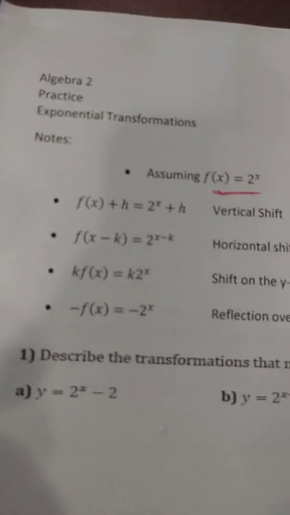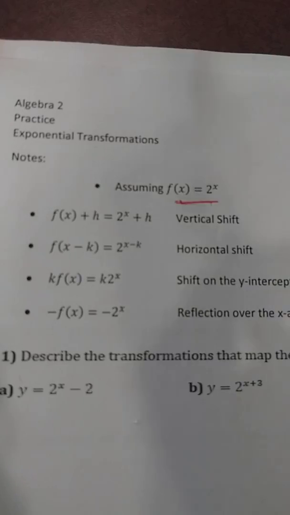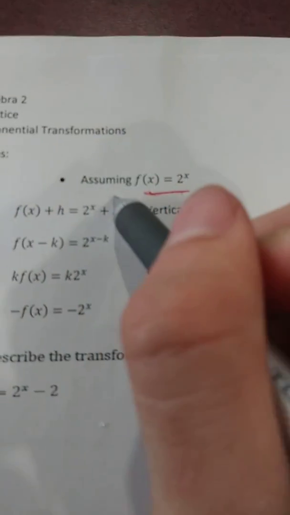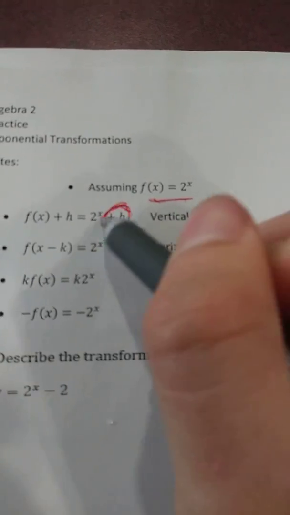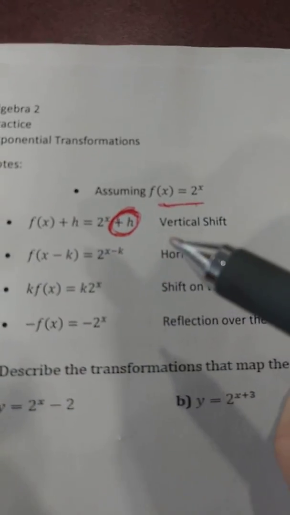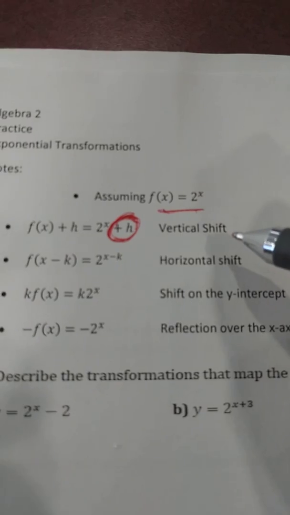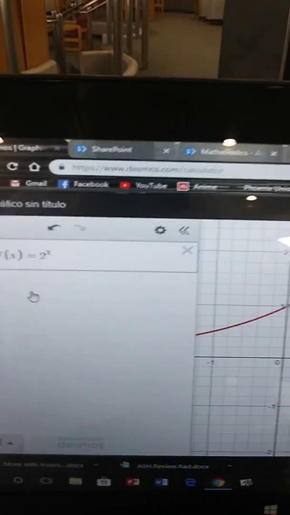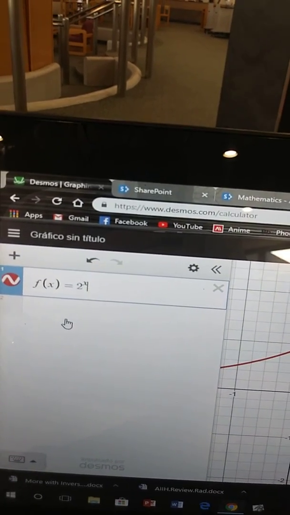So that's that. I want to talk about the first transformation. Whenever you have that exponential function, the 2 raised to an x power, and you add anything to it or subtract anything from it, it'll make the graph shift vertically. So let's check it out. Let's add 1.